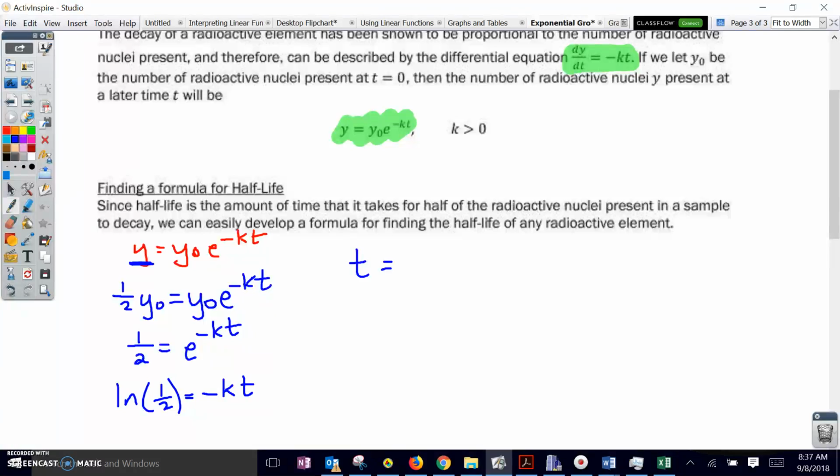So t is equal to the natural log of 1/2 divided by negative k. And doing a little manipulation here with logarithm rules, this is t equals the natural logarithm of 2 to the negative first power over negative k. And then we can bring the negative sign out in front of the natural logarithm.